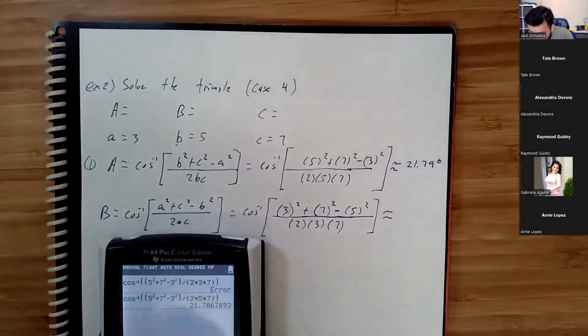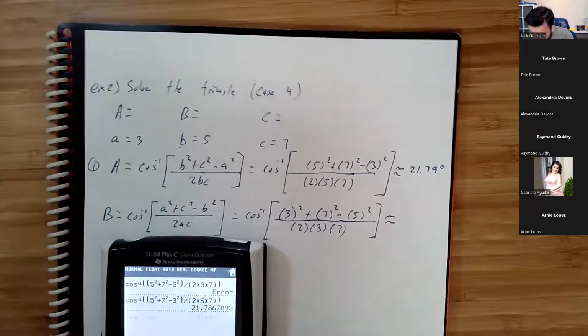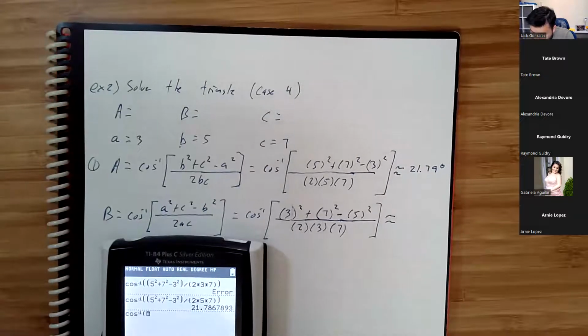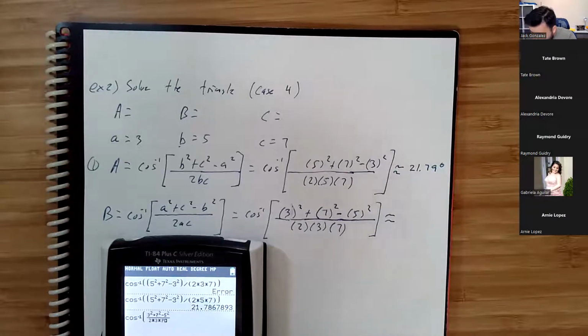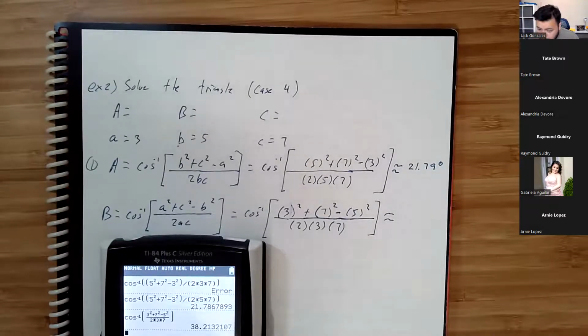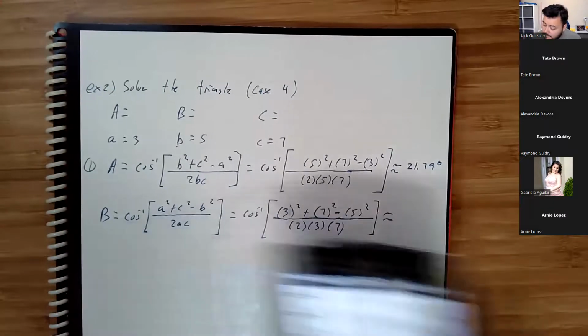You can use the fraction button if you want. 3 squared plus 7 squared minus 5 squared over 2 times 3 times 7. That'd be 38.21.